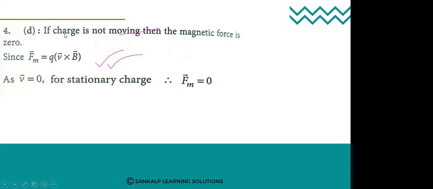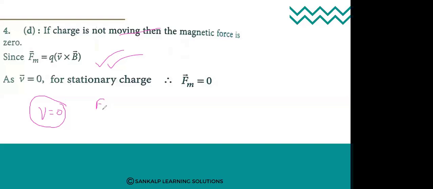So for a static charge, that means the charge is at rest, so obviously the velocity becomes 0.